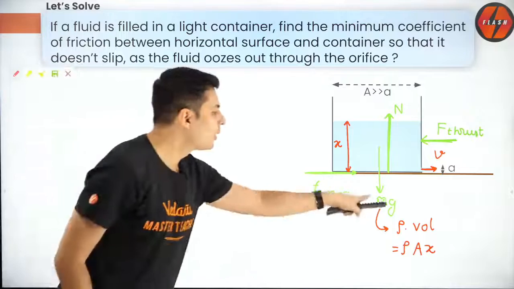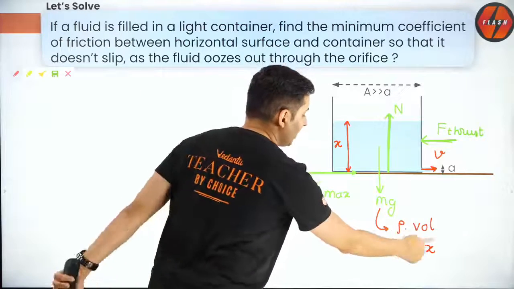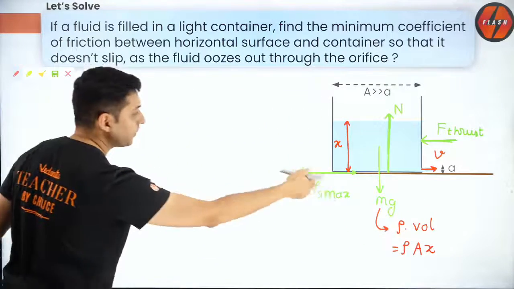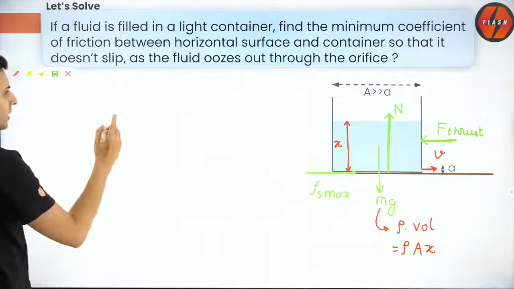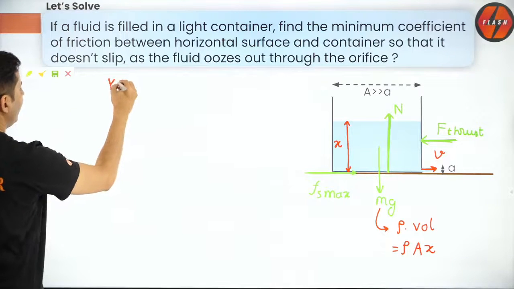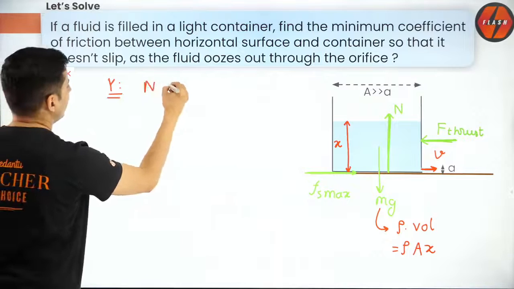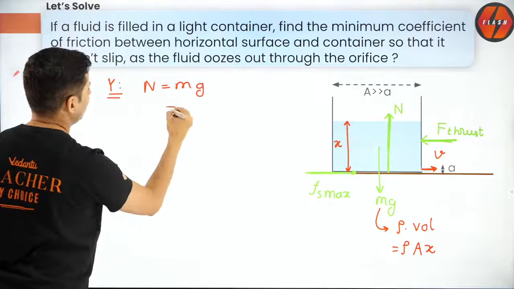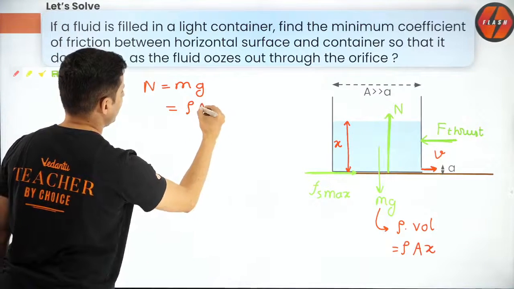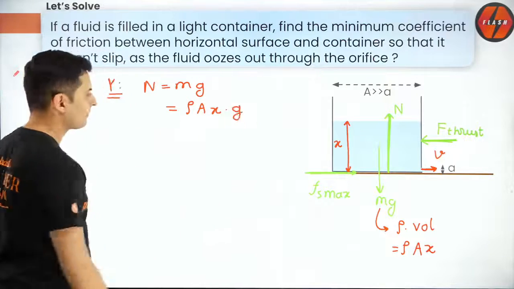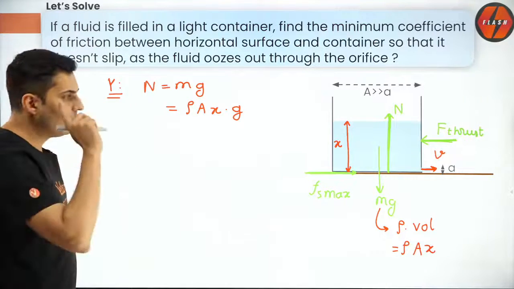So I know what is the weight. m is nothing but rho A x, so into g will give me the weight. Now clearly in the y direction, I can say normal is equal to mg, therefore normal is equal to rho A x into g.